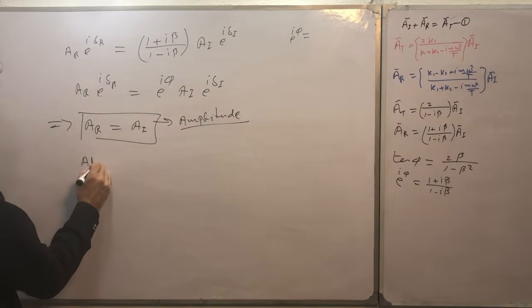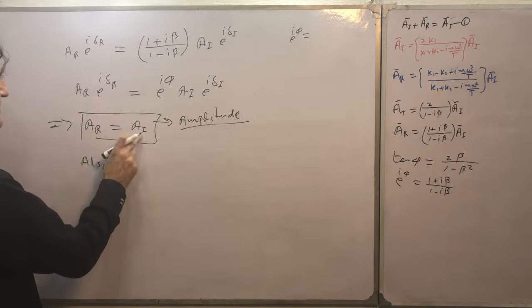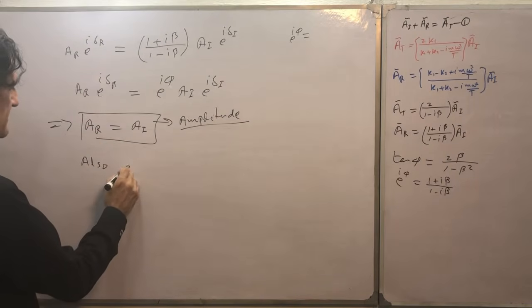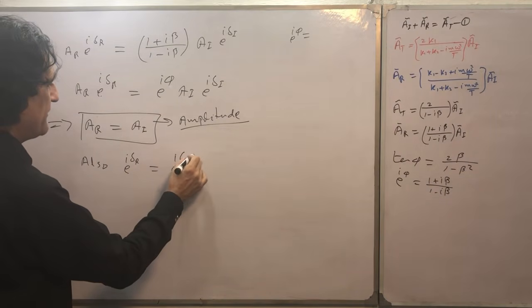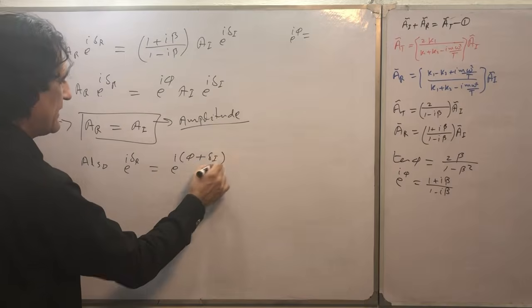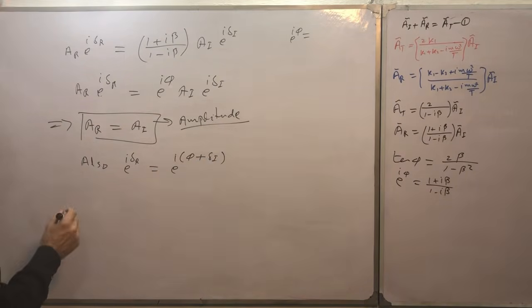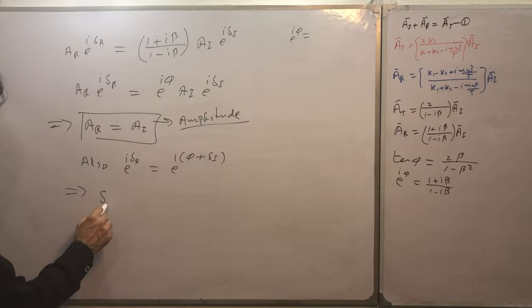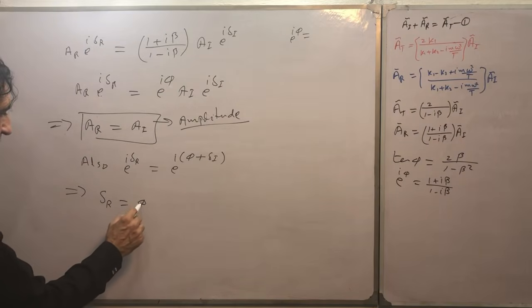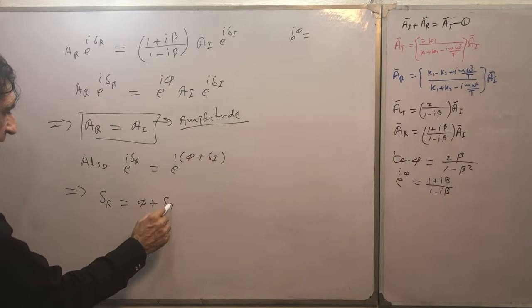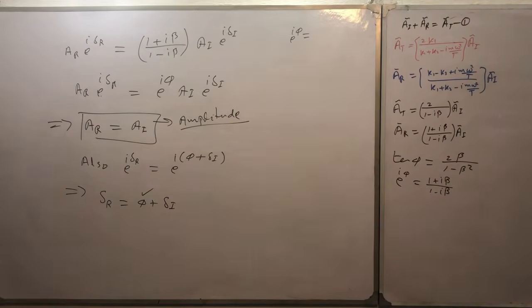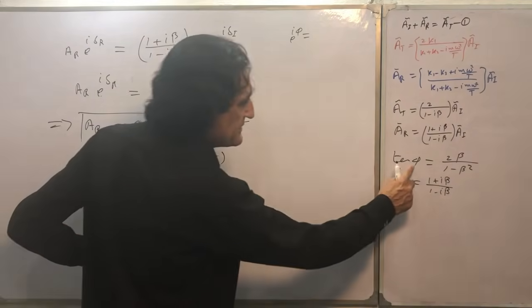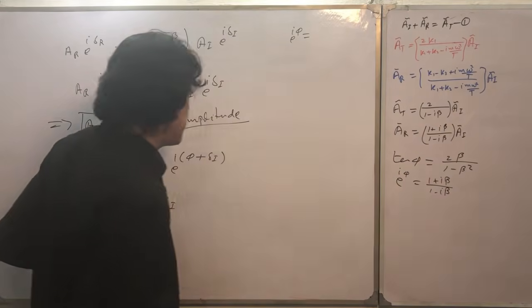If we look at the phase also from this equation, if this is equal to this, then e to the power delta r is equal to e to the power phi plus delta I, so the phases are also equal. From this we have delta r equal to phi plus delta I. Now we need this phi, and this phi can be calculated from this equation, phi is the tangent inverse of this.